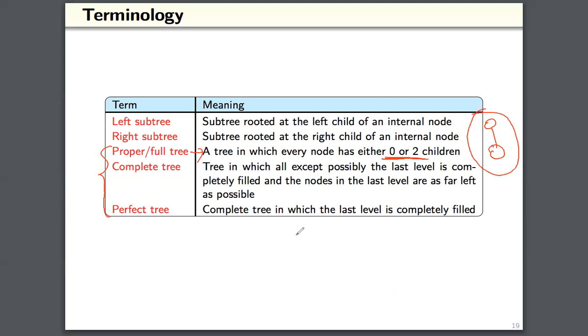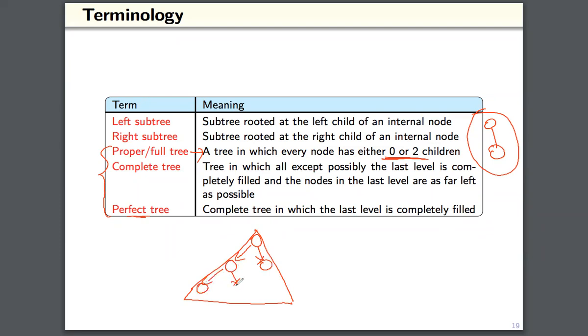Okay, what about complete tree? Oh, before looking at this, let's look at perfect tree. Later, we can come to this. So what is a perfect tree? A complete tree in which the last level is completely filled. Do not worry about this. So a perfect tree is something like this. A node which is fully expanded. It has all the children.